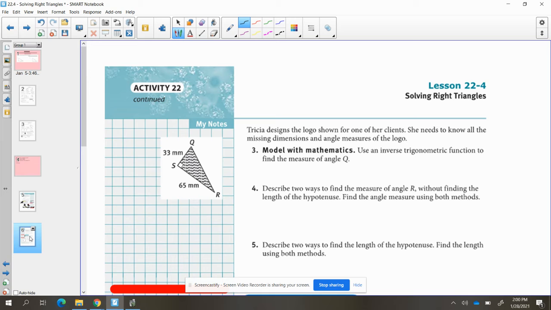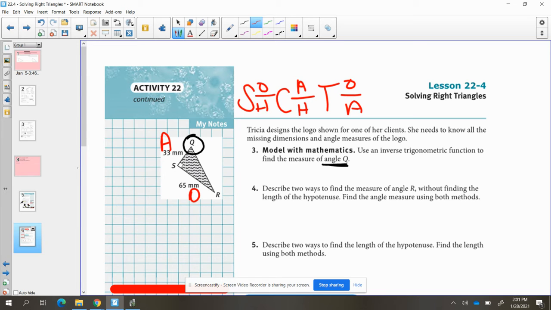Okay, so notice we have this triangle here, and they want us to focus on using the acute angle of angle Q as our reference triangle. So if we want to find the measure of angle Q, well, we first want to set up looking at this thing. Okay, we have the opposite side and the adjacent side to angle Q. So we know that the trig value that's going to be most helpful to us is actually going to be tangent, because we have the opposite and the adjacent.